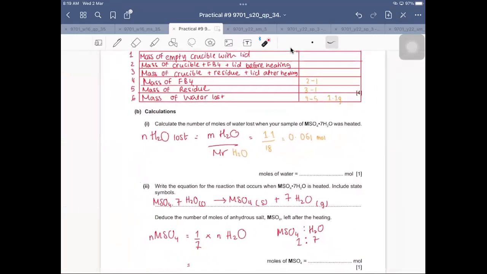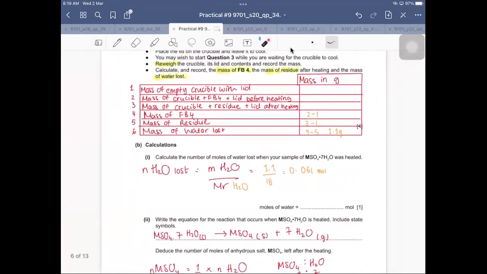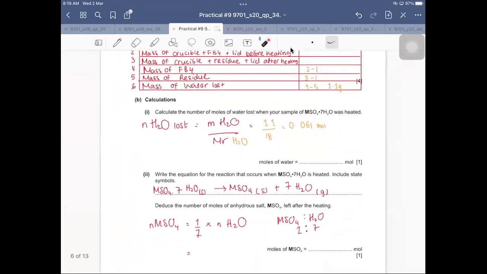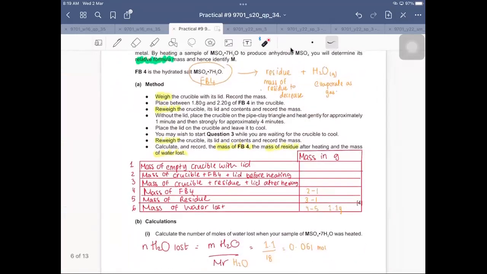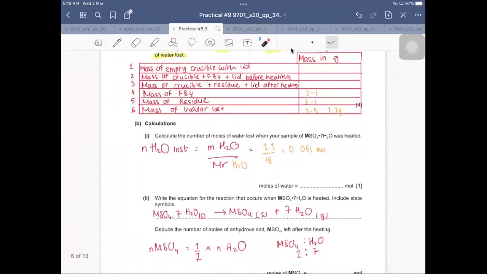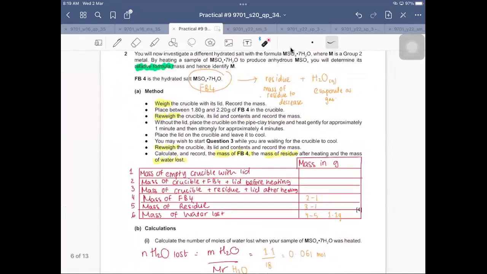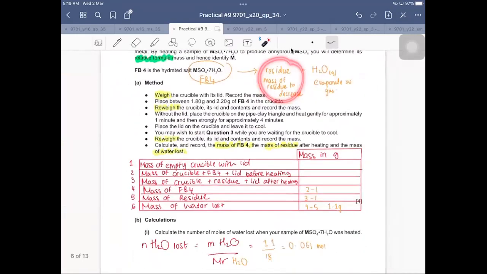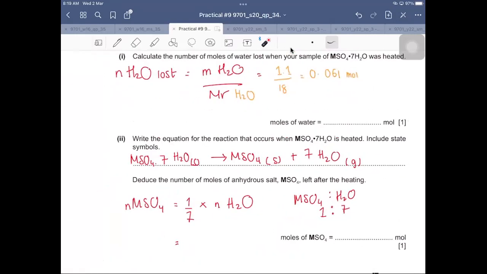So the number of moles of H2O, the mass of residue will be higher. Okay. So we cannot talk about the residue because in our calculation, we are only using the number of moles of H2O lost. Okay.